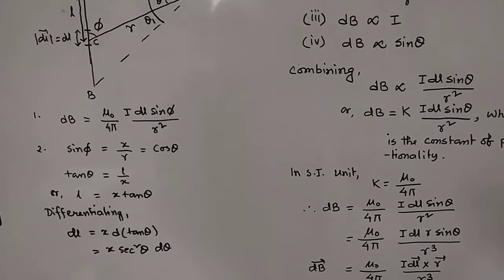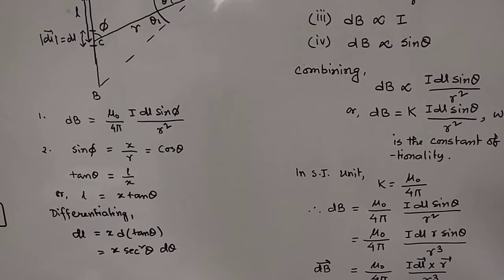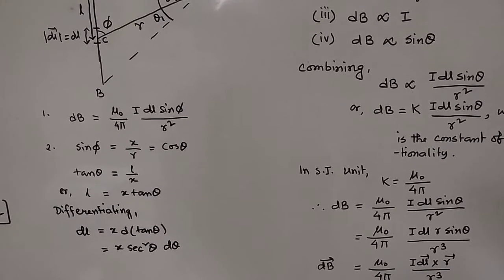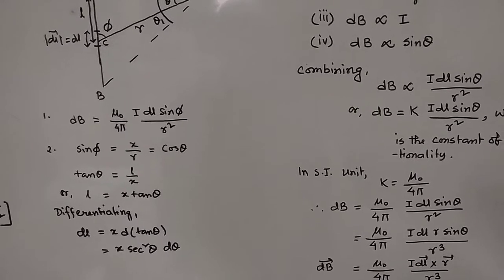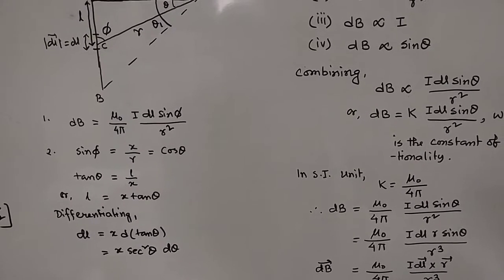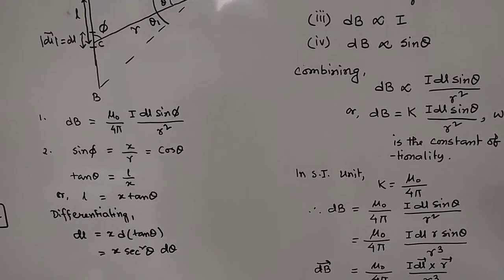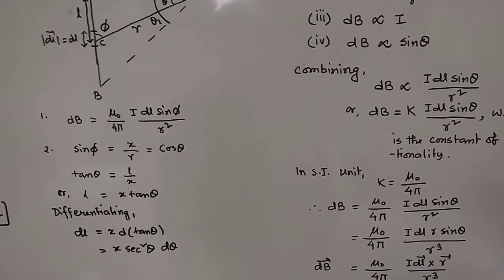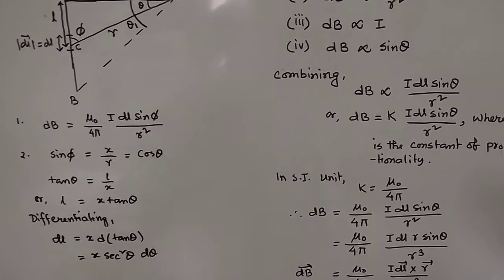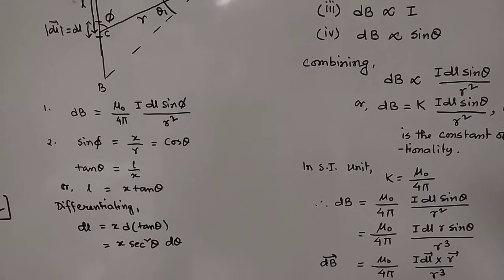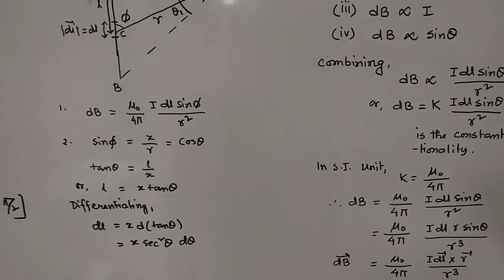I am repeating once again. If you take small d on both sides, that is differentiation, dl equals x d tan theta. So if you differentiate with respect to theta, then d by d theta of tan theta into d theta, and d by d theta of tan theta is sec square theta. So dl equals x sec square theta d theta.